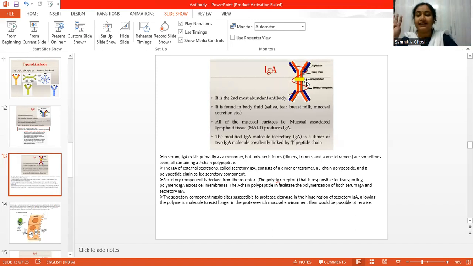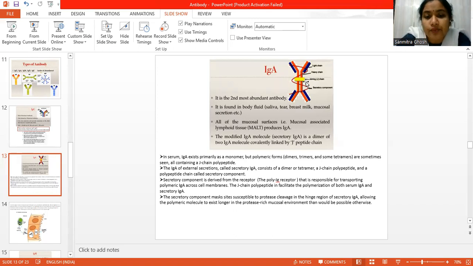So, mainly in the external secretion or the secretory IgA, there are four components present. That is, we will be having two antibodies, that is the dimer of the antibody or a tetramer of the antibody. Then we will be having the J chain joining those antibodies, and there will be an additional polypeptide chain, which is known as the secretory component. Now, where is this secretory component coming from?